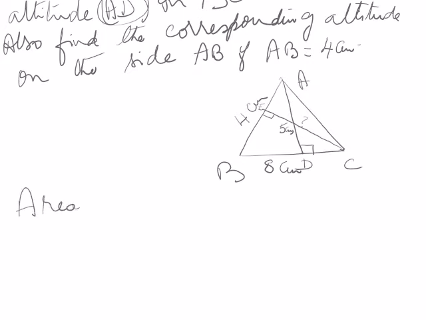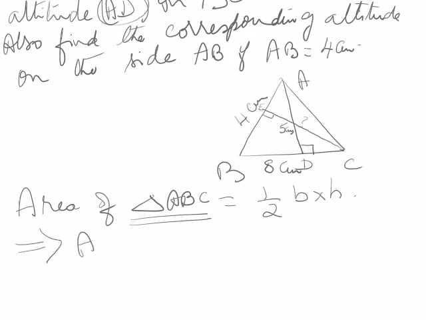So area of triangle ABC, this is allowed, writing the triangle symbol and the three vertices is allowed. So area of triangle ABC is equal to half base into height.